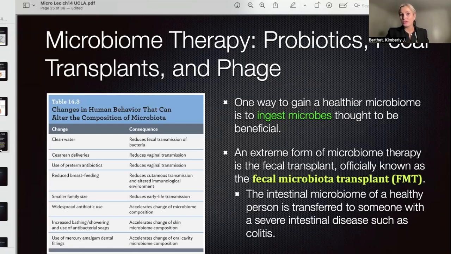The healthy individual's fecal matter contains their healthy microbiota. This is put into pills or it's put through an oral tube down to the stomach, and it's transferred from one human to the next. And the patient is the one with the gastrointestinal disease, gastrointestinal distress.